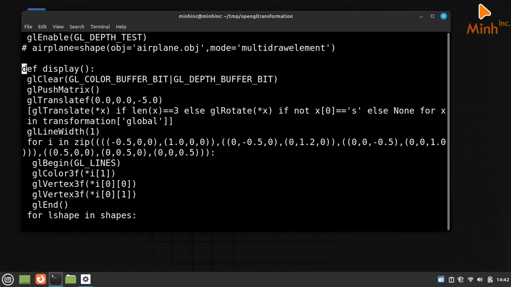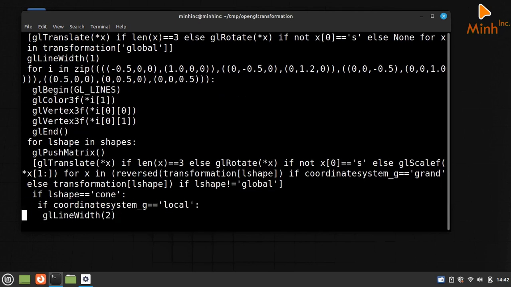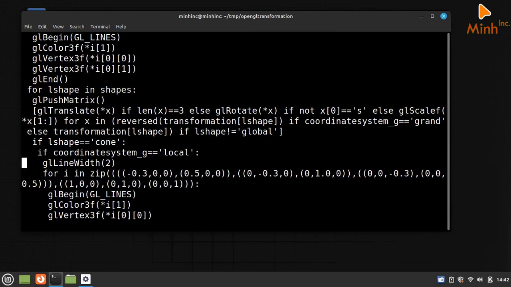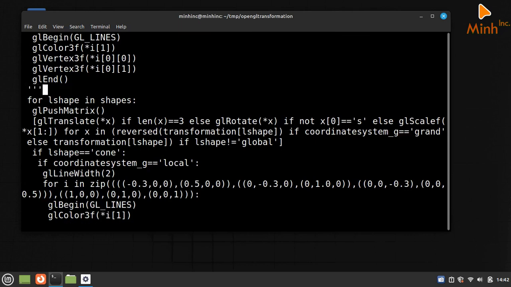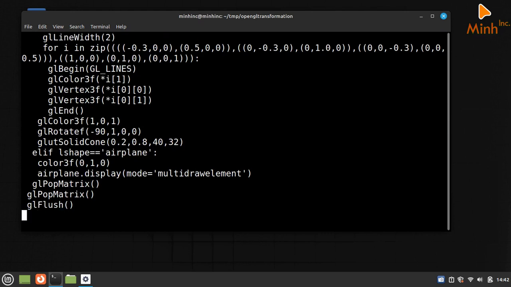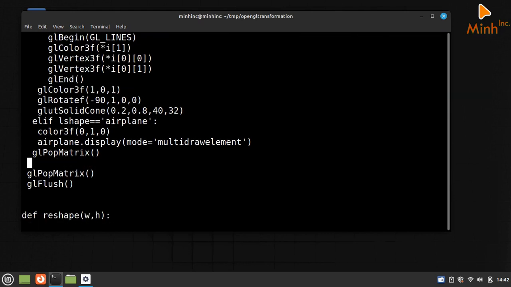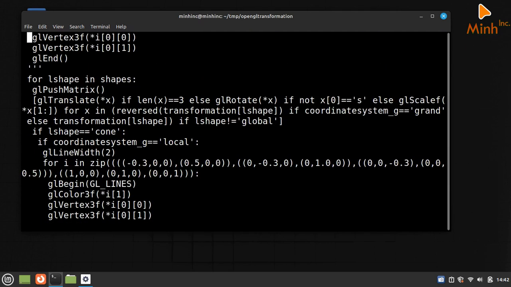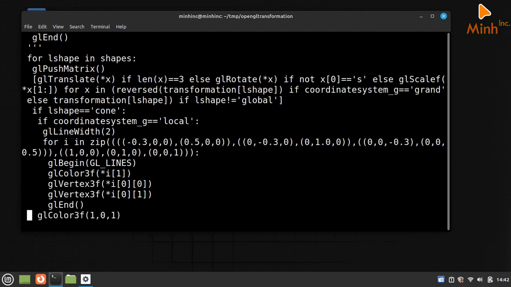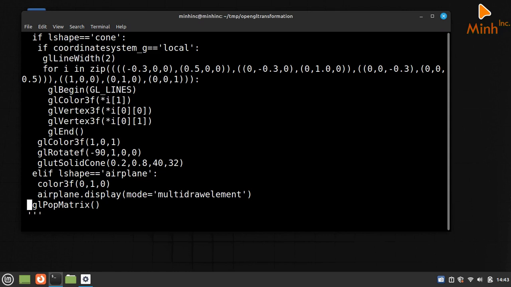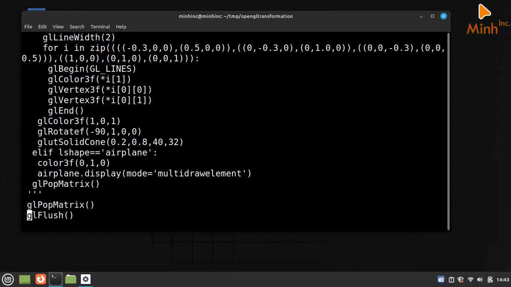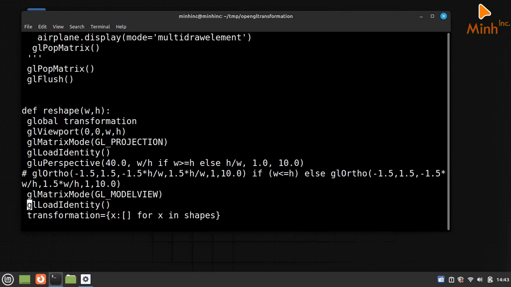Okay, so display is all right. This is also perfect. Okay, so this stuff we don't need now. Okay, so it is a for loop. So this is inside the for loop. So everything should be okay.